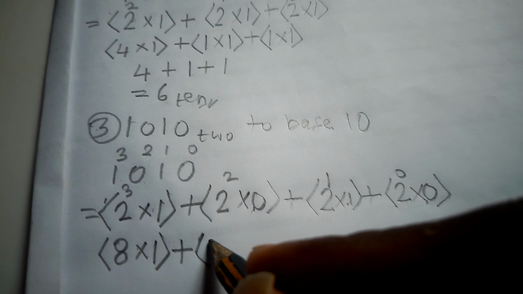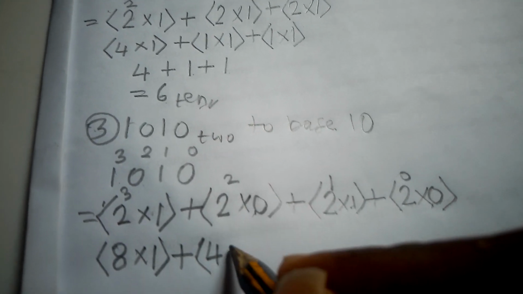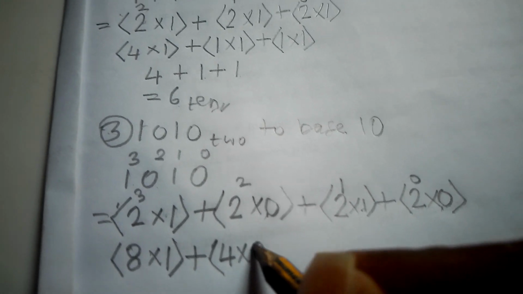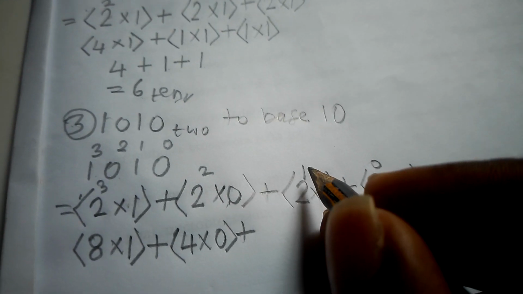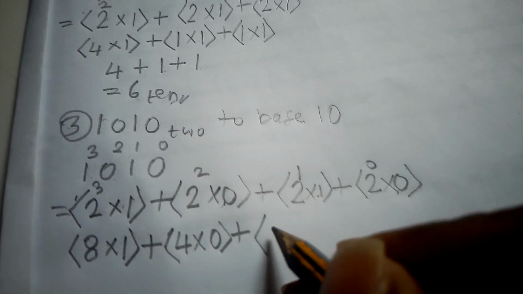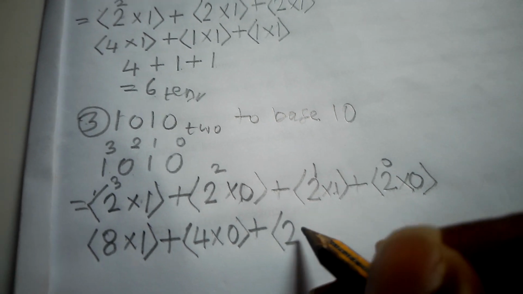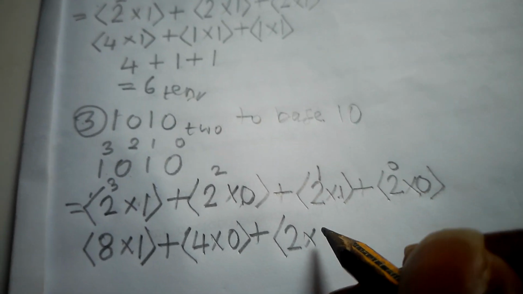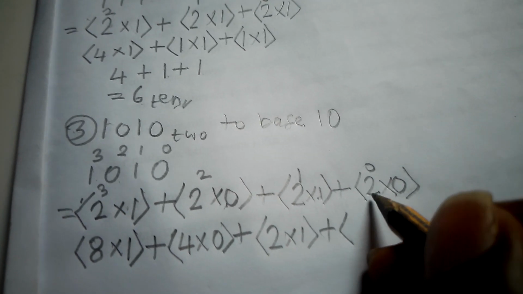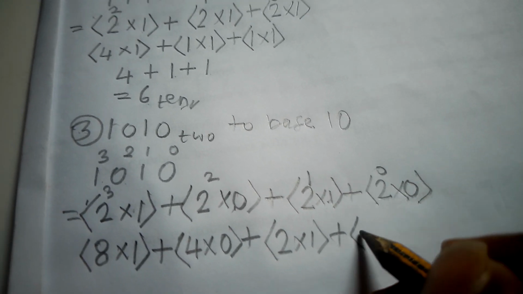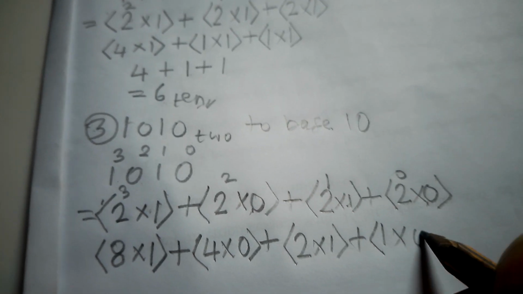That will give us what? 4. So you have 4 times 0. Okay, move on to the next one, which is 2 raised to power 1. Okay, 2 raised to power 1, that will still be 2 times, you have your 1. Okay, plus. So remember, I told you anything raised to power 0 will give you 1. So this will be 1 times 0.